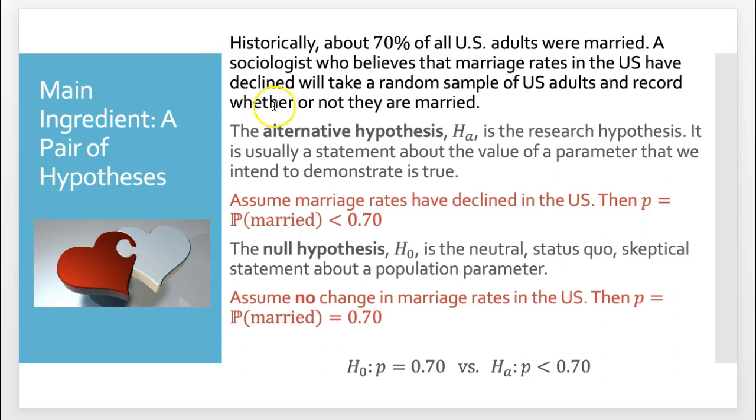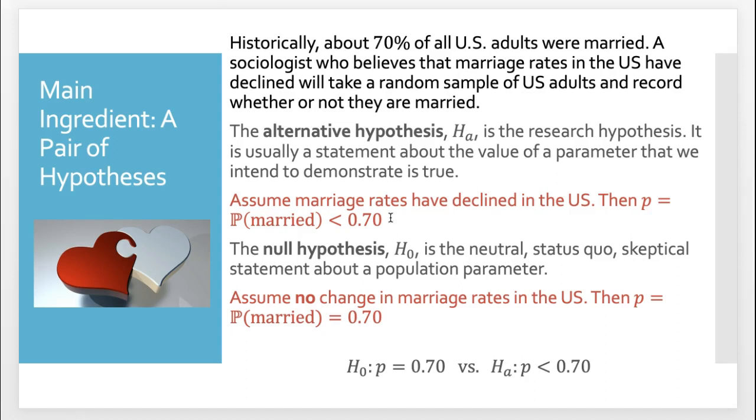So the alternative hypothesis, or the research hypothesis, is that the marriage rates have declined in the U.S. Declined, in comparison to 70%, means that this p, the proportion of U.S. adults that is married, is going to be less than 70% or 0.70.